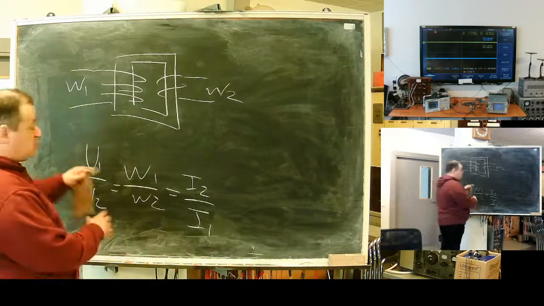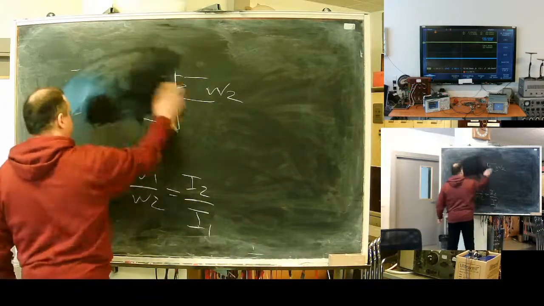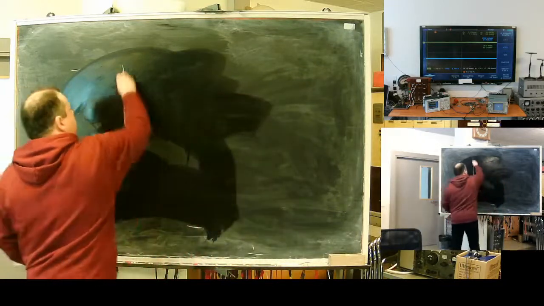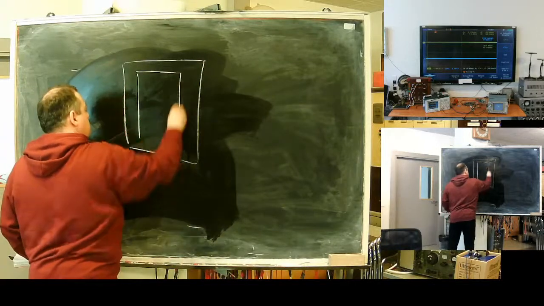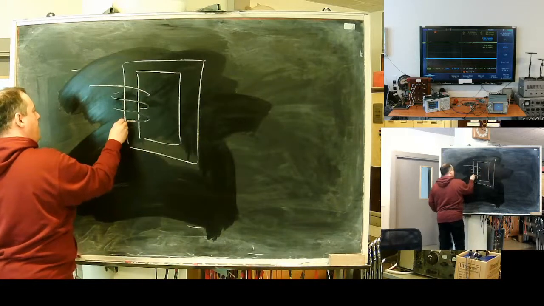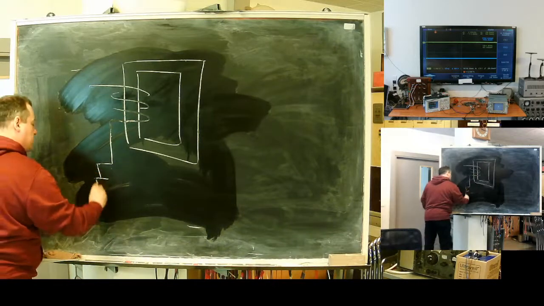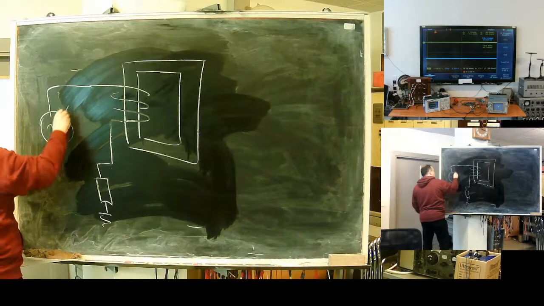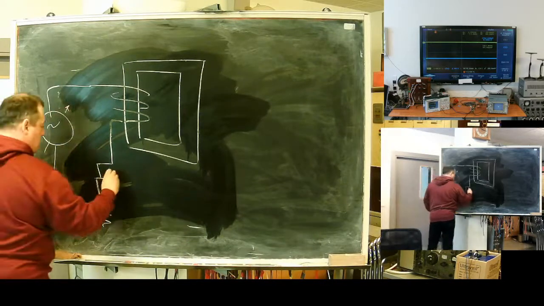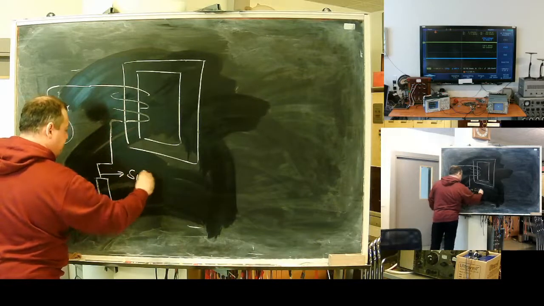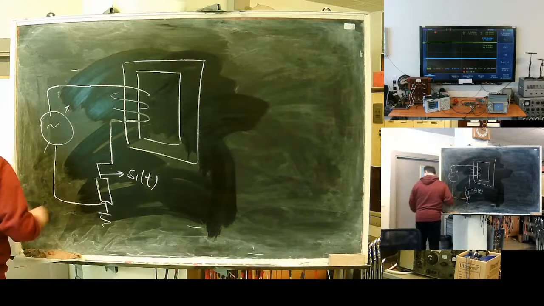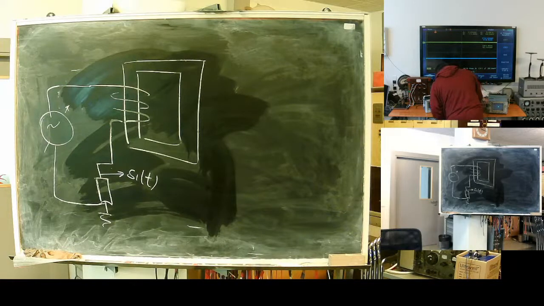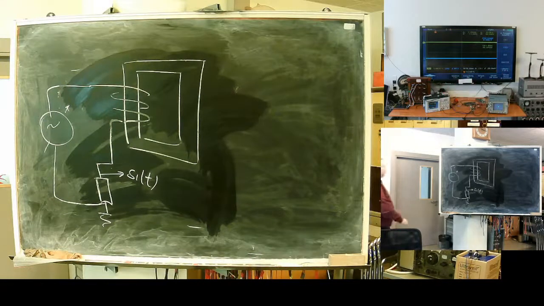I have prepared a small demo. I have a small transformer. At the primary winding I have a voltage source, and I took a small resistance, like 10 ohms. It's not important.